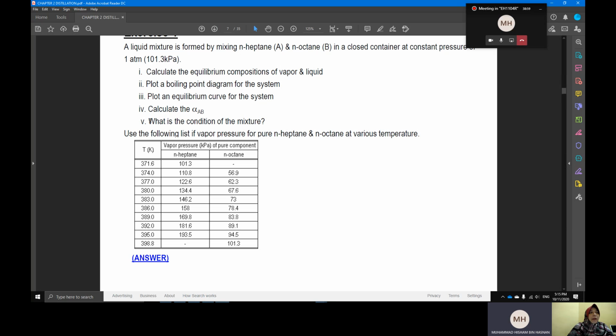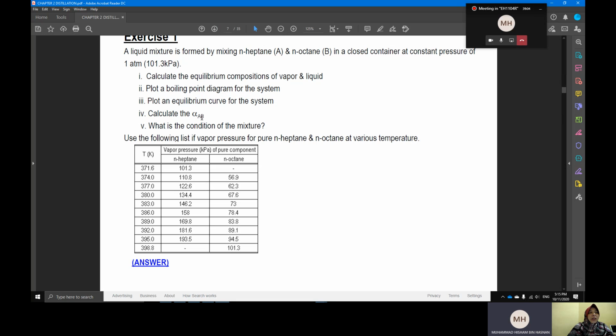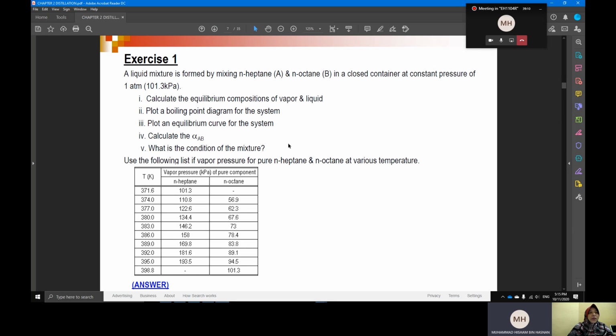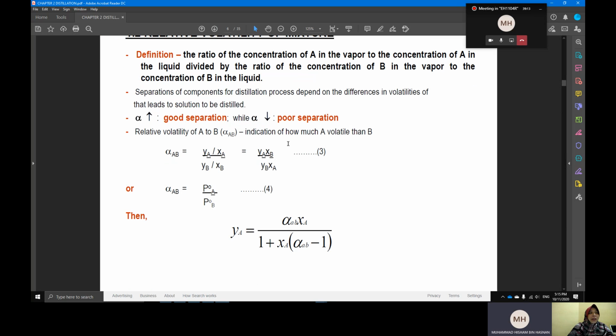Soalan tadi tak jawab. What is the condition of the mixture? Dah tahu nilai alpha yang tak constant dan kemungkinan ada alpha yang constant. So, dia akan patah balik pada nota sebelum ni. If you have constant alpha, you are talking about having an ideal mixture.